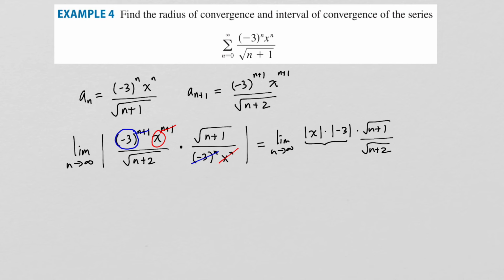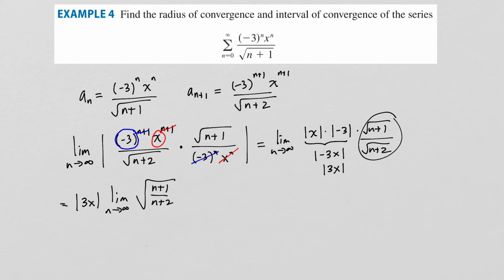These can be combined into the absolute value of -3x, which, by the way, is the same as the absolute value of 3x, and that can be factored out of the limit. So we have the absolute value of 3x, limit as n goes to infinity, and then these radicals can be combined under a single radical.